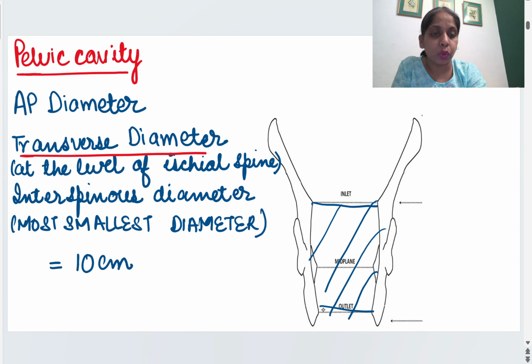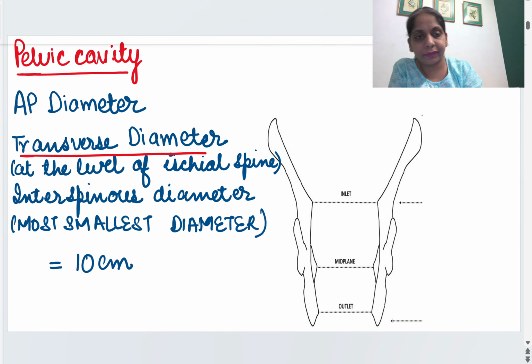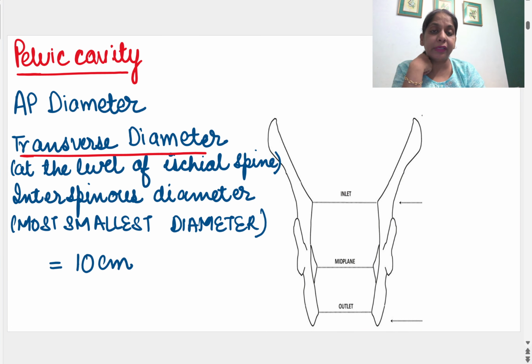So which transverse diameter will we take?